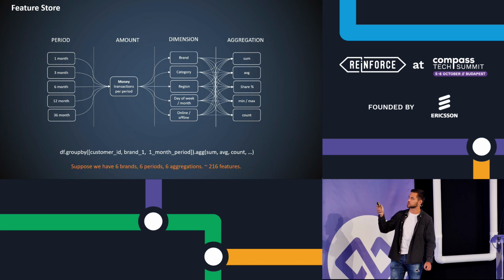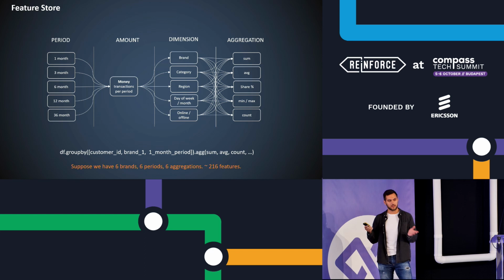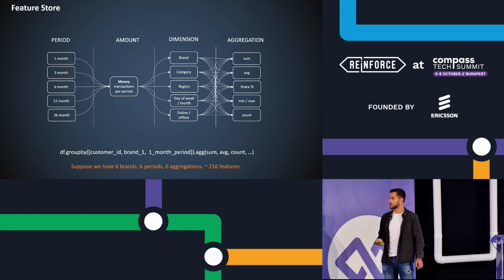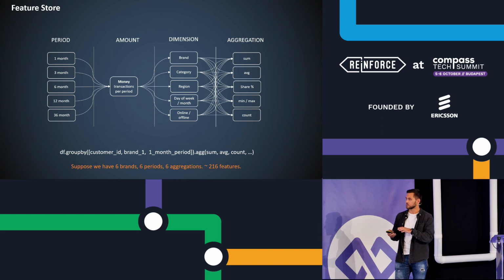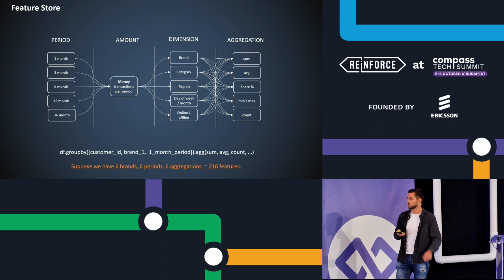We have different dimensions like brand, category, region, day of week, month, online channel, offline channel, and we have some aggregations like sum, average, mean, and so on. Suppose we did this group by function. Basically for analytics, we can make a pivot table to get these columns.